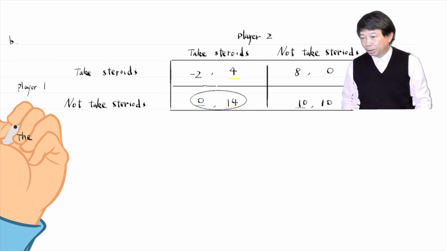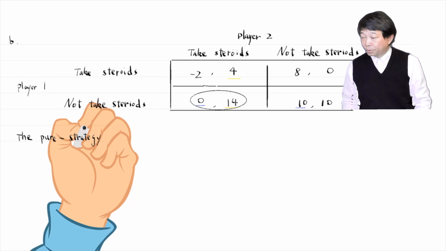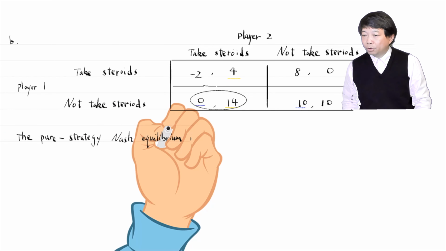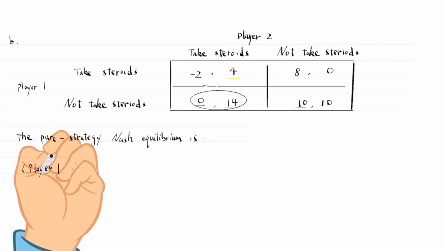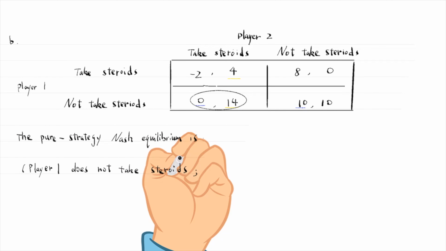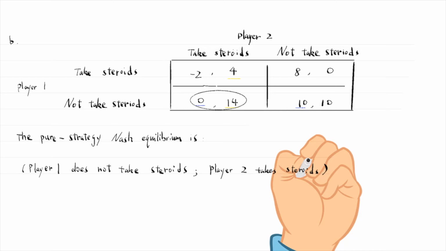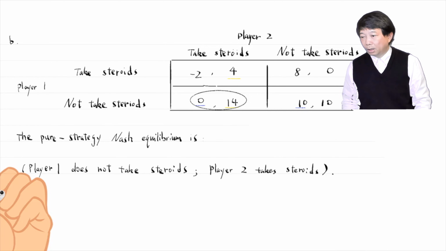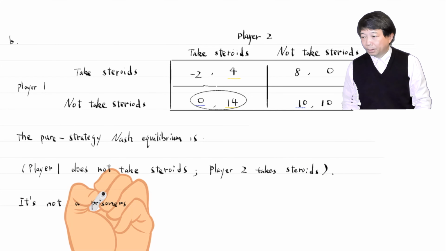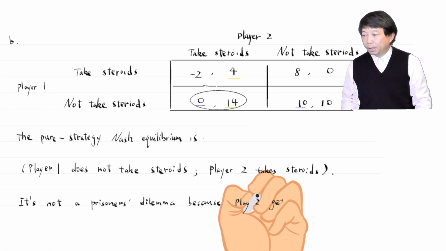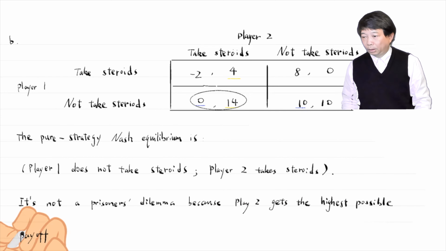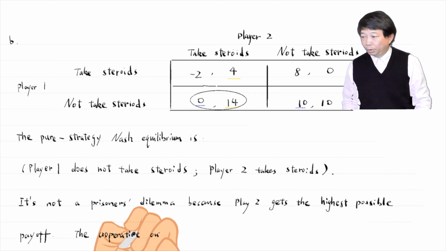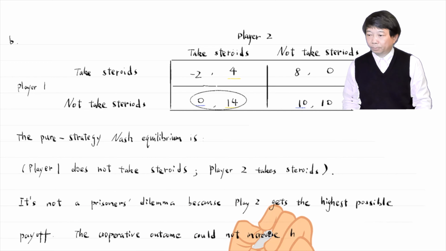The pure strategy Nash equilibrium is that player 1 does not take steroids, and player 2 takes steroids. It is not a prisoner's dilemma game because player 2 gets the highest possible payoff. The cooperative outcome would not increase his payoff.